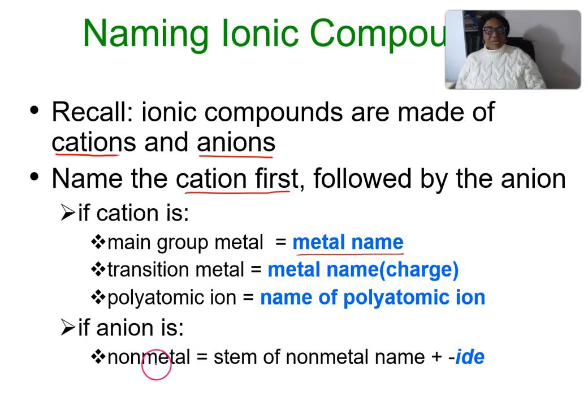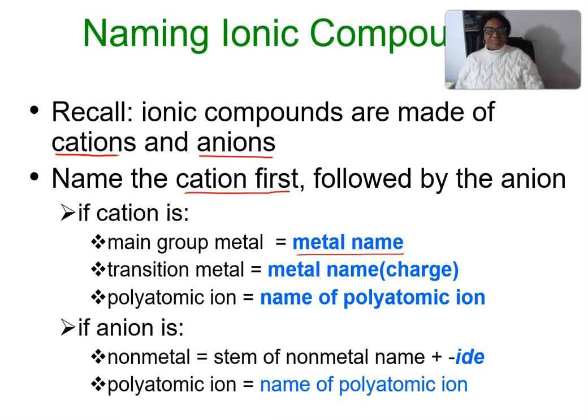For anion, non-metal, stem of the non-metal name plus IDE. So the name of the ionic compound is just the name of the cation and the name of the anion. For a polyatomic ion, just the name of the polyatomic ion. This is for anions, and this is for cations.